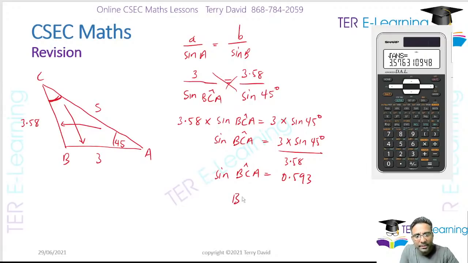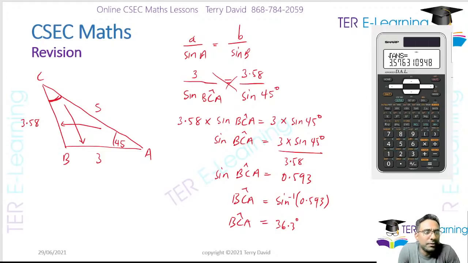So therefore angle BCA is going to be arc sine of 0.593, so BCA is going to be about 36.3 degrees. Alright, so some of you all got the answer there. Good.